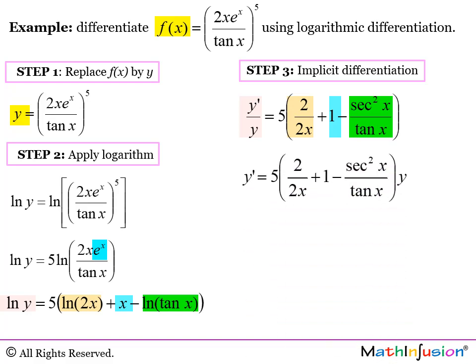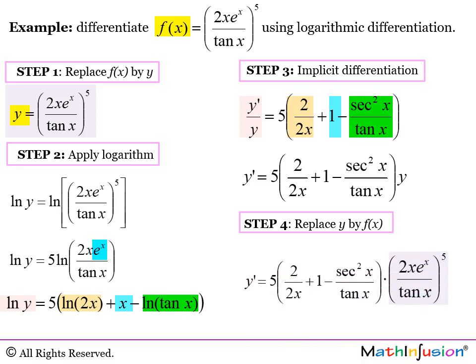Now we have to multiply everything by y because we like to find y prime. But we don't want to have y in the answer. So we're going to replace y by f(x). And we get that.